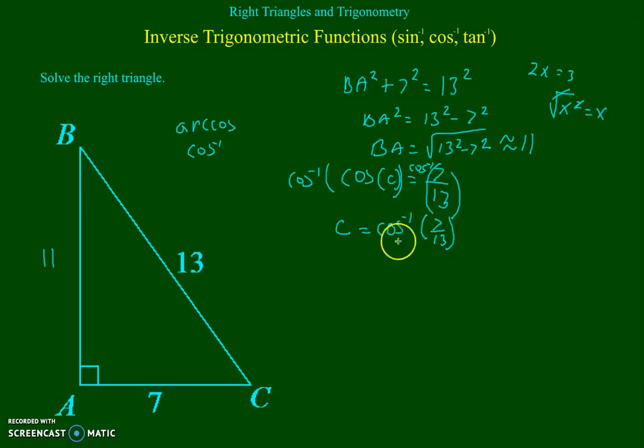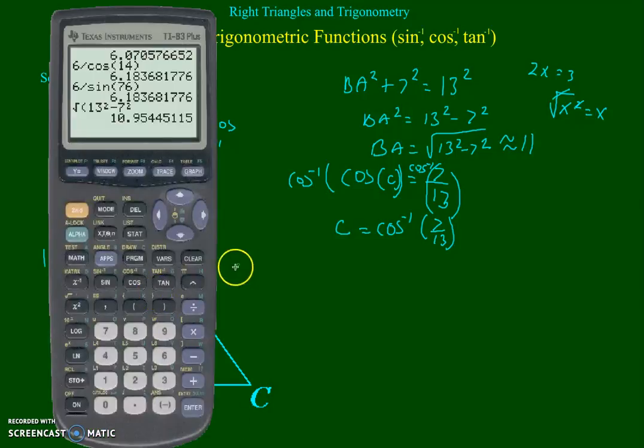Now you'll notice that the arc function takes a ratio, as opposed to the regular function, which takes in an angle. And the arc functions generate an angle. So now we just turn to our calculator and we say second cosine here. Notice we're going to use this function up here, cosine to the negative 1, which is arc cosine of 7 over 13. And that gives us an angle measure of 57.4 degrees.